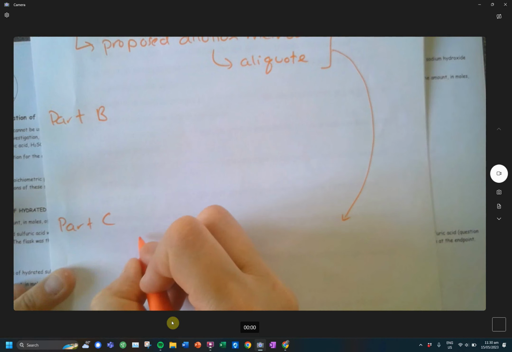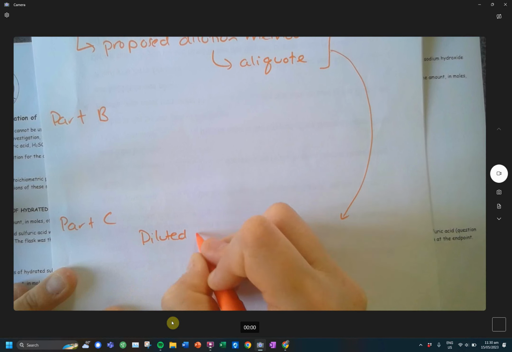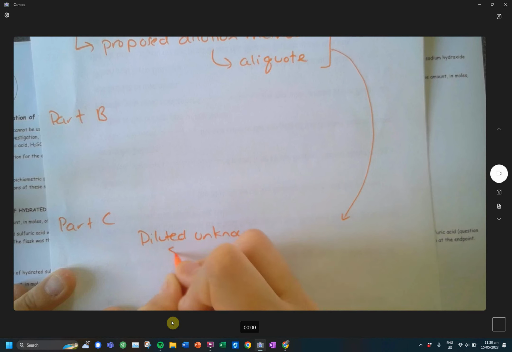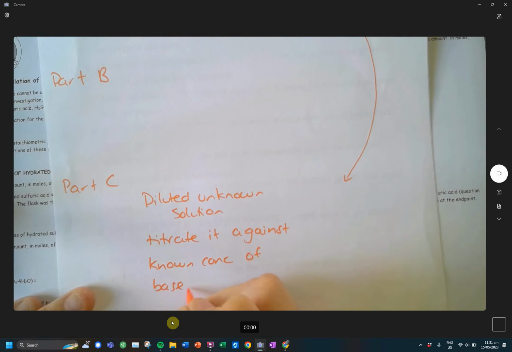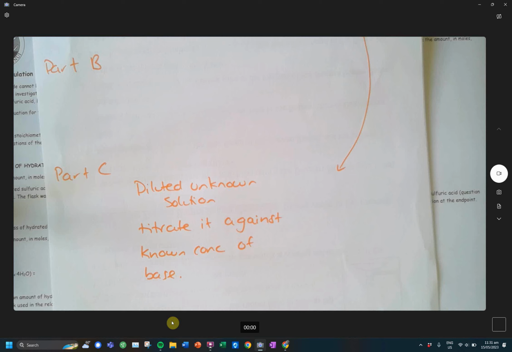So you're going to have your diluted unknown solution and you titrate it against the known concentration of your base. So that's what you guys are going to be doing in part C. You guys are going to be collecting the data and analyzing it. We good so far?